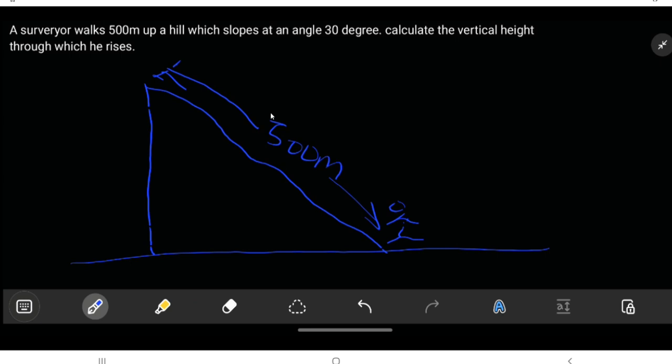Okay, so he walks 500 meters up a hill which slopes at an angle 30 degrees. So from the horizontal ground, the angle by which he rises is going to be 30 degrees.